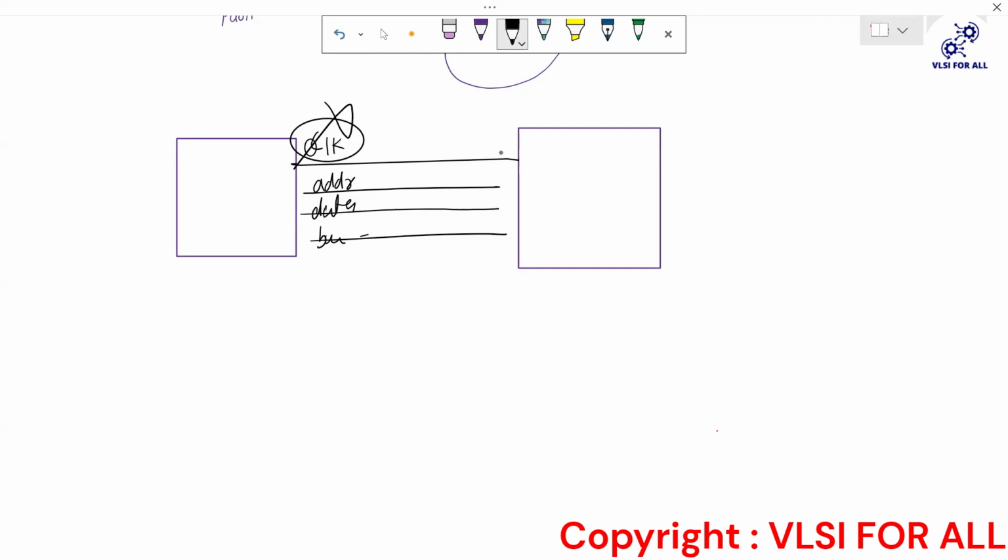Can someone tell me now? So definitely we should do something like that. Clock we are using, but we are not transferring it. It's a hint.